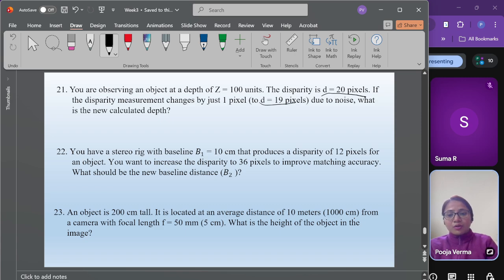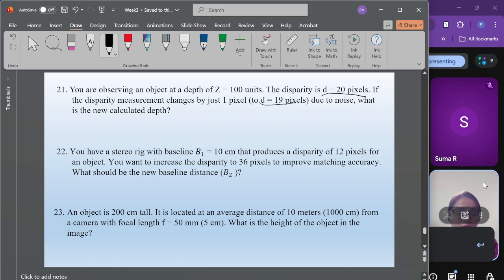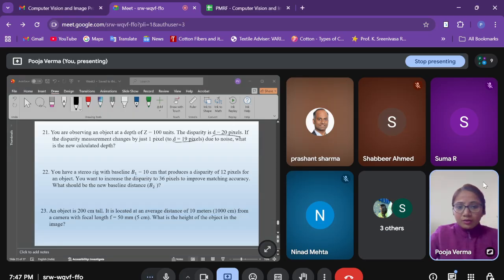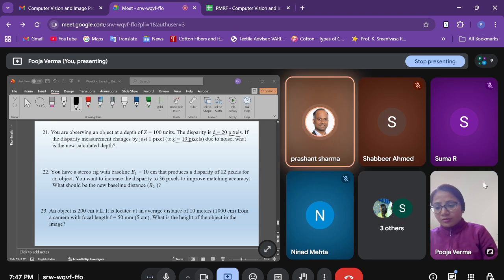So anyone of you can just let me know. It is that formula also, the relationship between the depth, disparity, focal length and baseline, right? If we change the disparity by 1 pixel due to noise, then what will be the new depth? 95 units, someone is asking. 105.26 units.